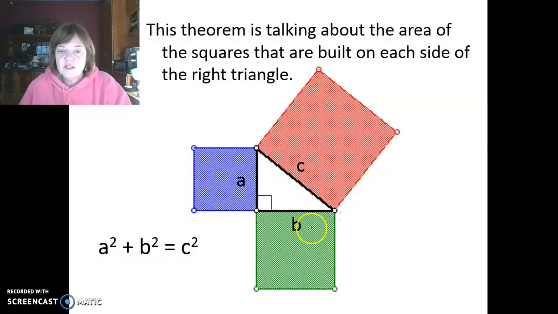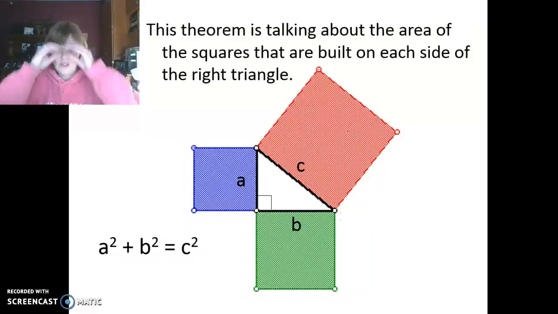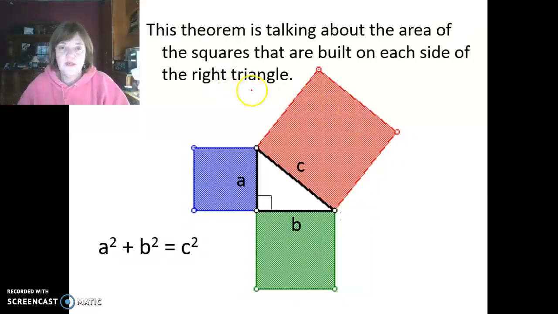B squared is the area of this green square here. If we add those two numbers together after we square them, we will get the same number as this one squared. So, I have a video to show you so you can really visualize what that means. So, watch this.